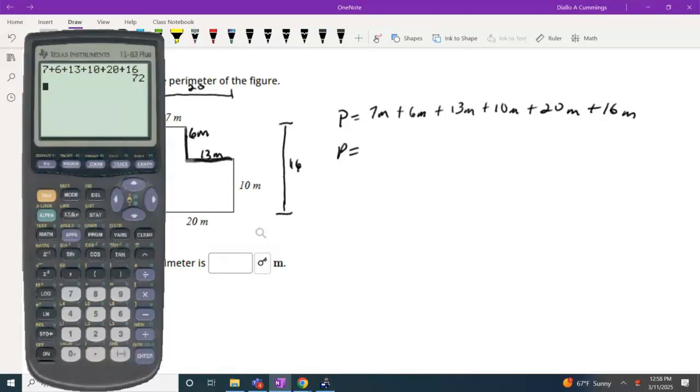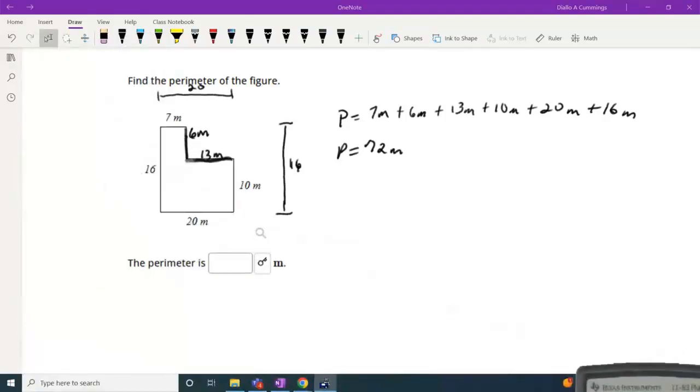We should have a perimeter of 72 meters. All right, so that was the first example. So here we should have 72.